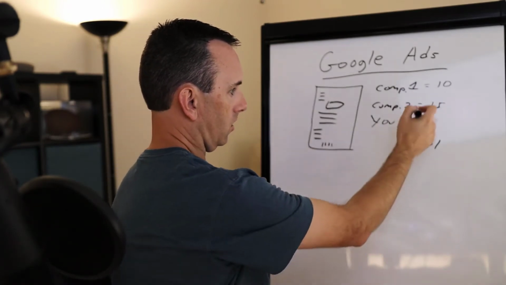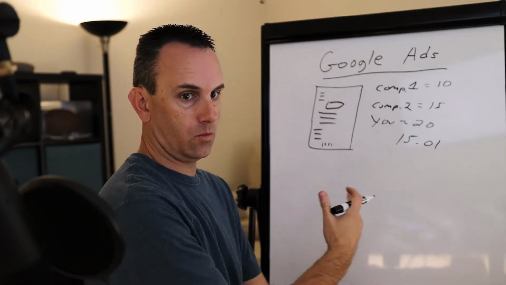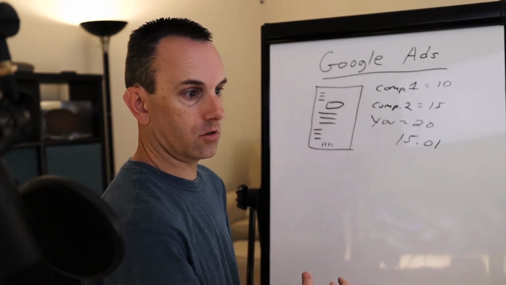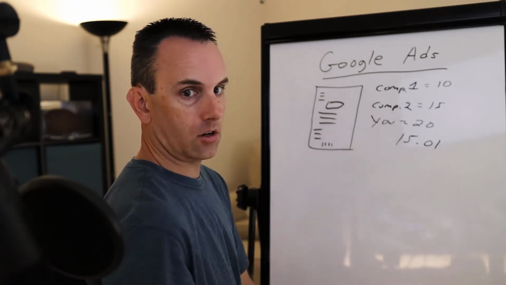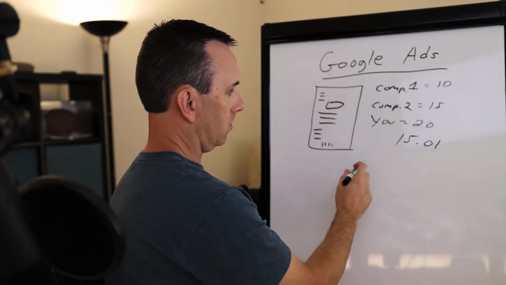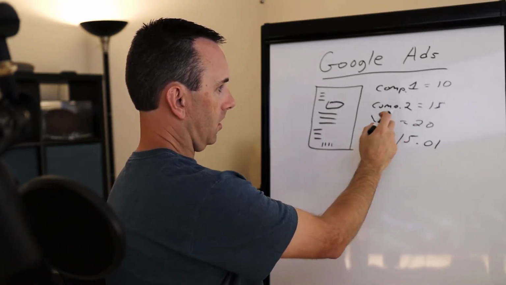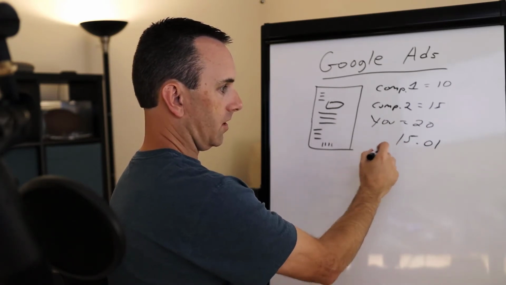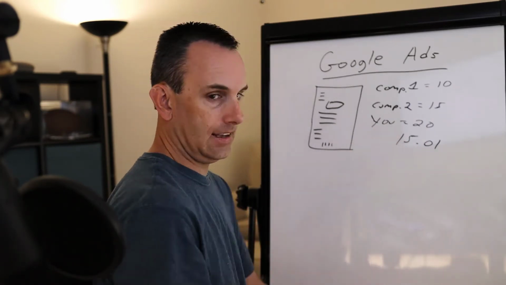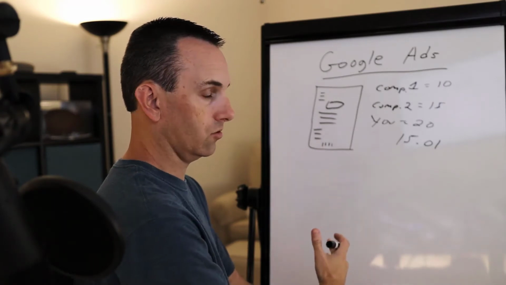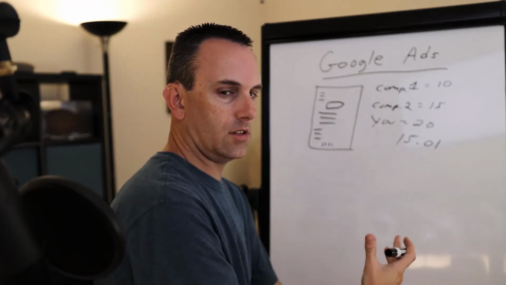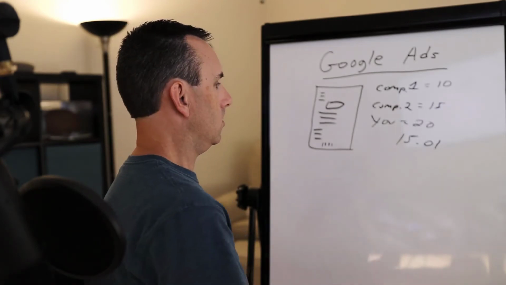You're entered into an auction every time someone does a Google search for a keyword you're bidding on. So in this case, you're going to pay $15.01 to have that click. The click is not a lead. A click is just a click-through on the ad that takes them to the landing page or website or wherever you're sending your traffic to. So that's the way this works.